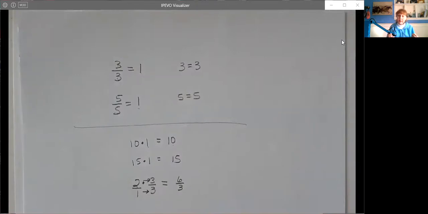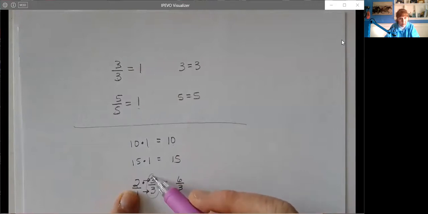Now, 6 over 3 may look different, but it still has the same value as what I started with, the 2. 6 over 3 is the same as 2 over 1. They just look different. I did not change the value because I multiplied by the number 1. Multiplying by the number 1 doesn't change a value.